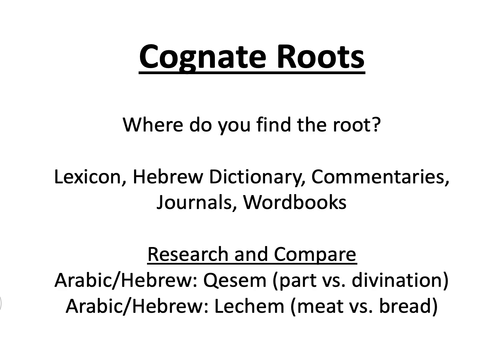Some lexicons even say magic. In Arabic, lechem means meat. In Hebrew, it means bread. And yet neither of those are actually connected to one another based upon what they actually denote, and yet they reveal the fact that they probably have a common ancestor having to do with food, lechem. Kesem, how we put part and divination together, is a mystery, and so these two are probably not true cognates.